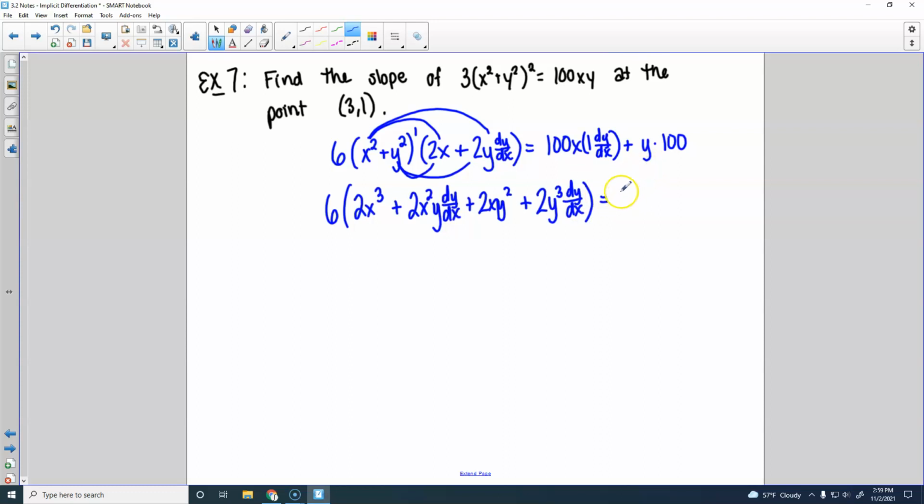And that's going to equal 100x dy/dx plus 100y. And then that 6 can be distributed to everything, so all those 2's turn to 12's.